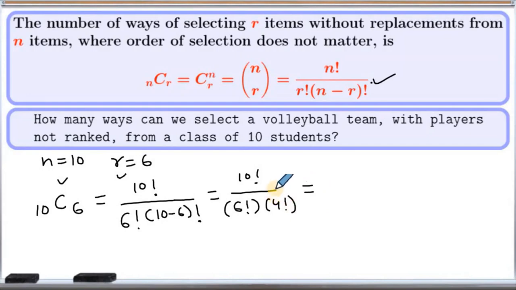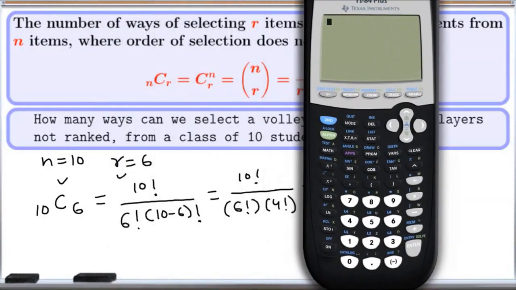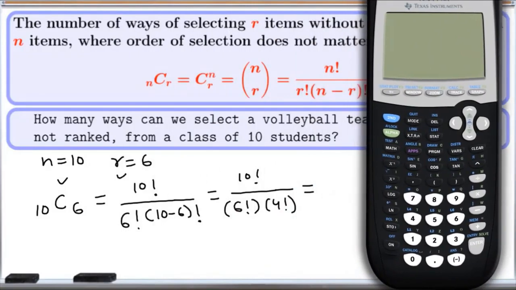So now let's use our calculator to find this. Let me pull up my calculator up here. Now we need 10 in the numerator, so let's type 10, then go to math, go to PRB, then come down to number 4, then hit enter. Then we need divide, then put your parentheses.